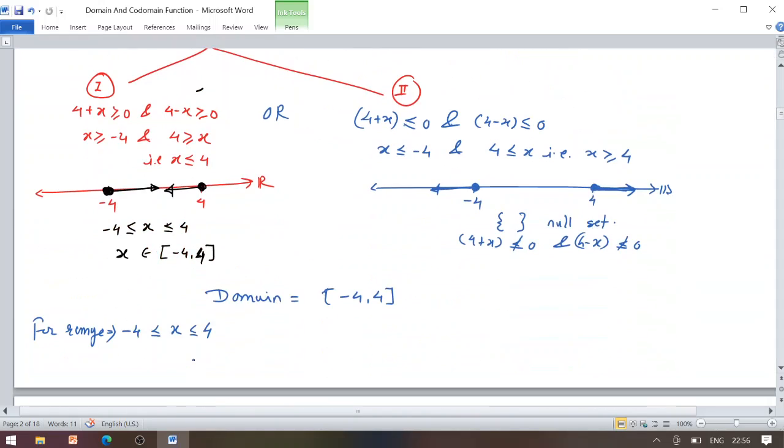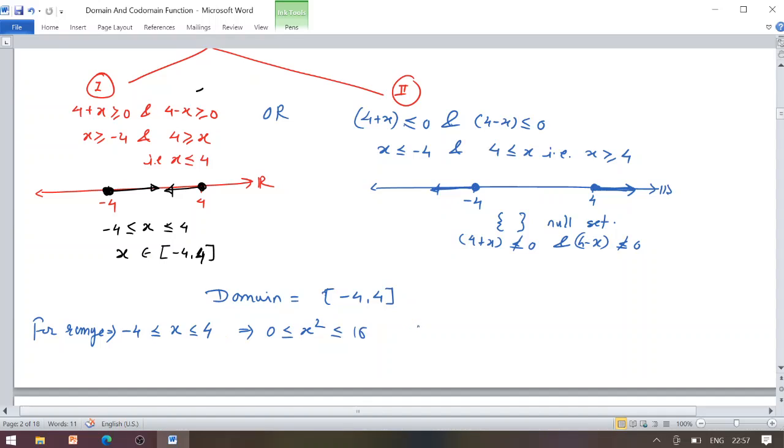After squaring throughout the inequality, let x be minus 3. So minus 3 squared is a positive real number. And if we consider x value becomes 0 in the interval, then 0 square becomes 0. So the value of x square is always greater equal 0, and simultaneously 4 square becomes 16, so it is less equal 16.